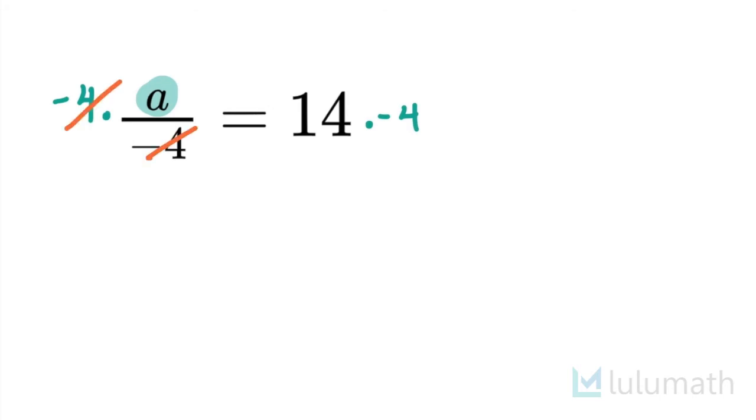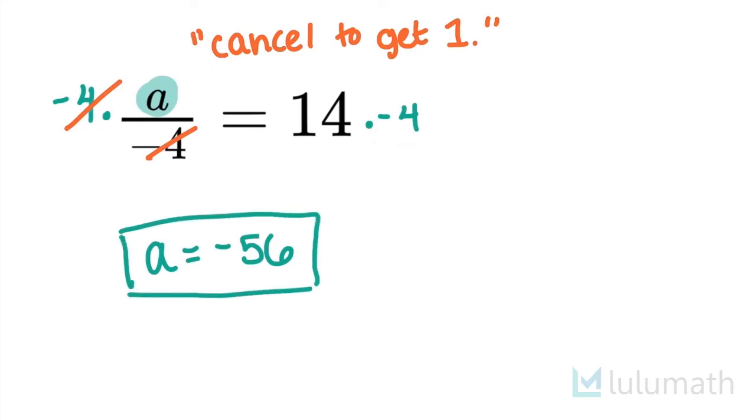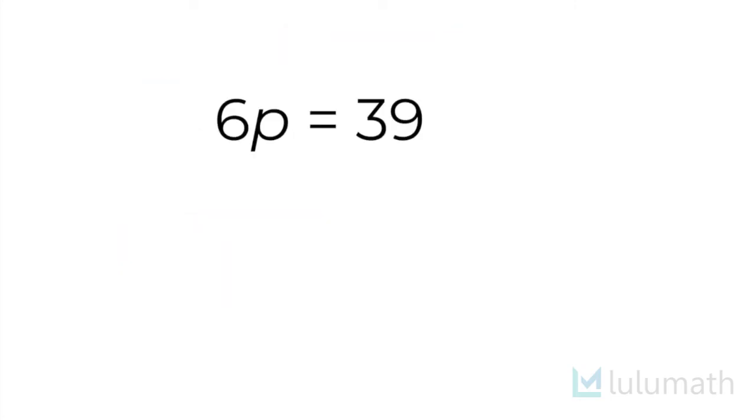But when we say they cancel out, they give us 1. And since we get 1 and 1 is the multiplicative identity, we just have this a left over here. So a will be equal to negative 56 because 14 times negative 4 is negative 56. And this is my answer because I have isolated a, I have figured out what the value of a is.